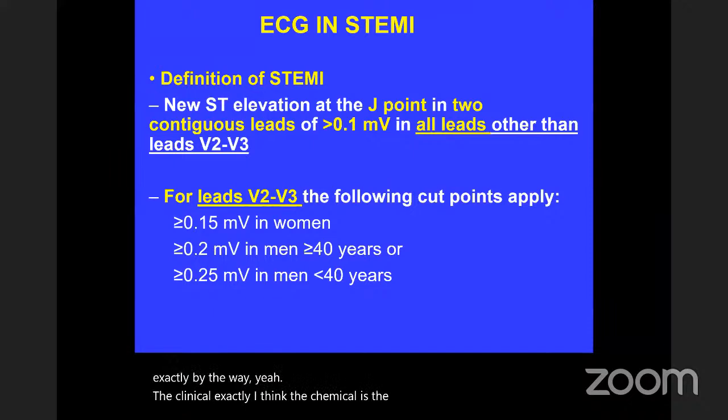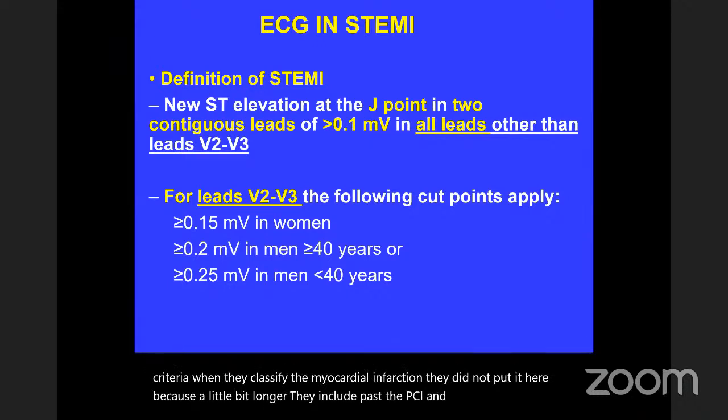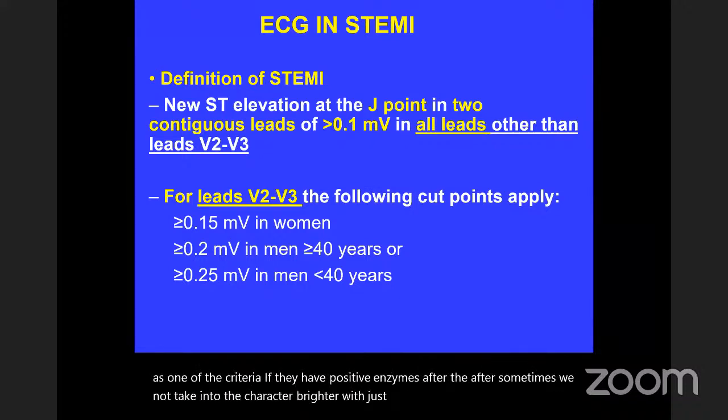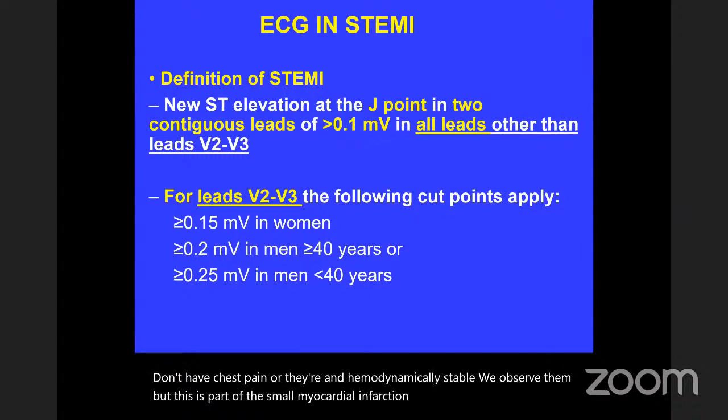In the new criteria, when they classify myocardial infarction, I did not put it here because it's a little bit long, but they include post PCI and post CABG as criteria if they have positive enzymes after the procedure. Sometimes we will not take them to the cath lab right away if it's just minimal changes. But if there is, for example, crushing chest pain or the patient is hemodynamically unstable, they need to be taken to the cath lab. If they don't have chest pain or they're hemodynamically stable, we observe them. But this is part of the small myocardial infarction after intervention, whether it's PCI or CABG.